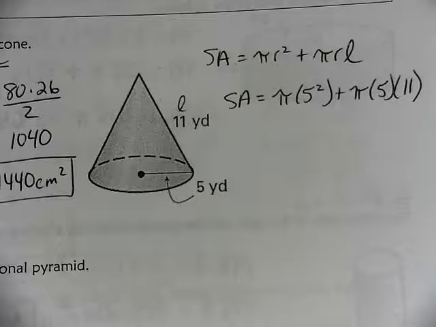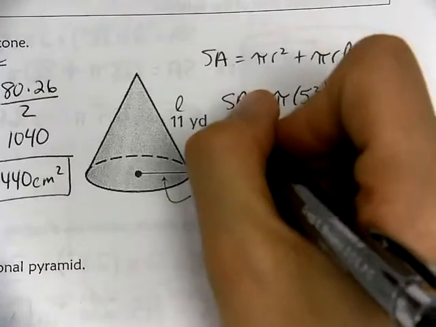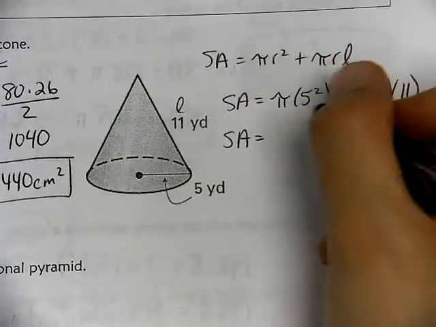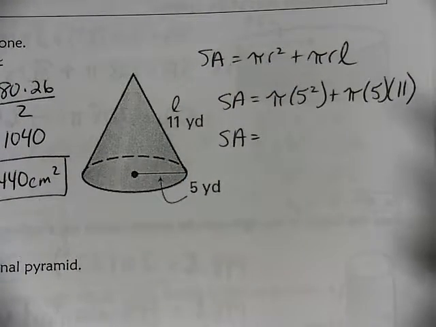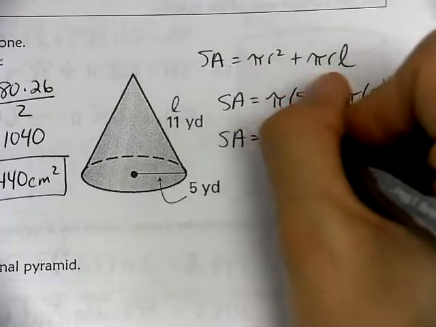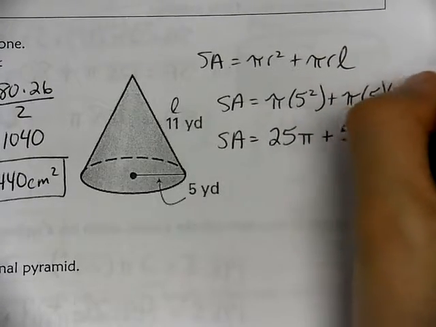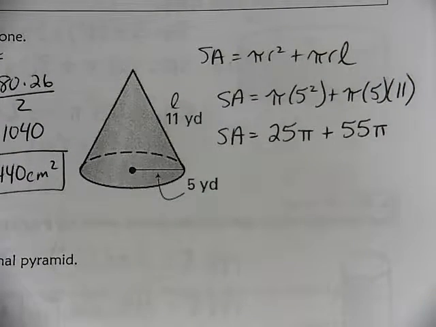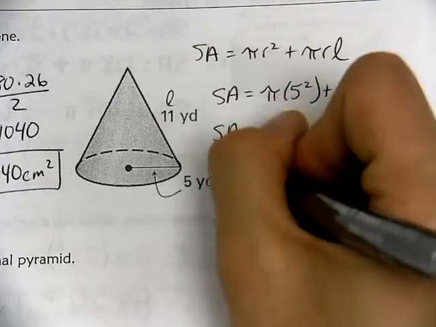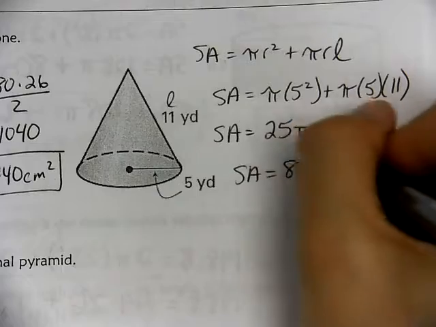You want to do decimal or you want to do exact? What's 5 squared? So 25 pi plus, what's 5 times 11? 55 pi. What's 25 and 55 make? 80. So 80 pi. We'll do exact.